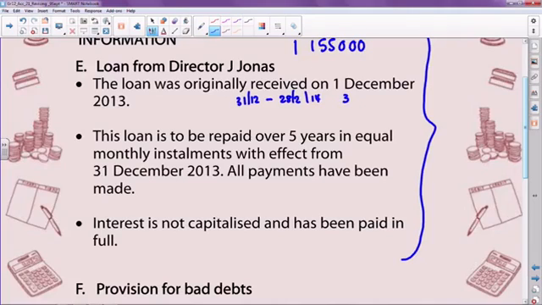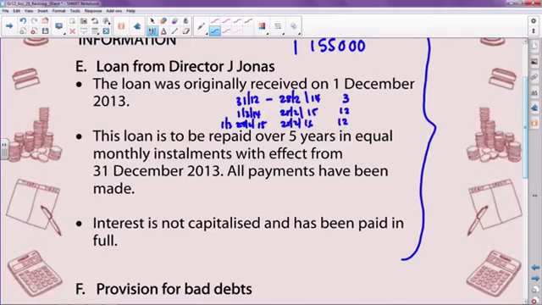Then the financial period after that would be the 1st of March 2014 to 28th February 2015, next financial year, right? And then this financial year, which is the 1st of March 2015 to the 28th of February 2016, another 12 months.